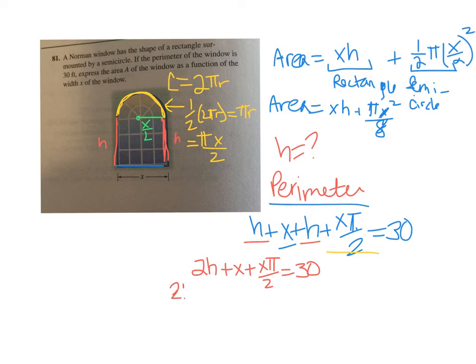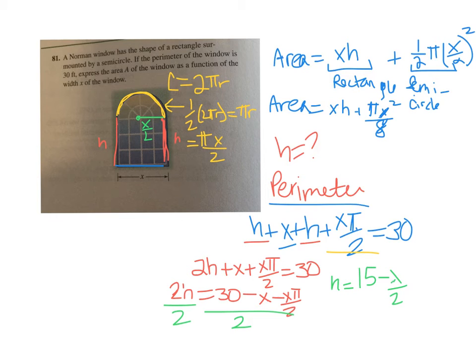I get 2h is equal to 30 minus x minus pi x over 2. Now I need to divide both sides by 2. So I end up getting that h is equal to 15 minus x over 2 minus pi x over 4.